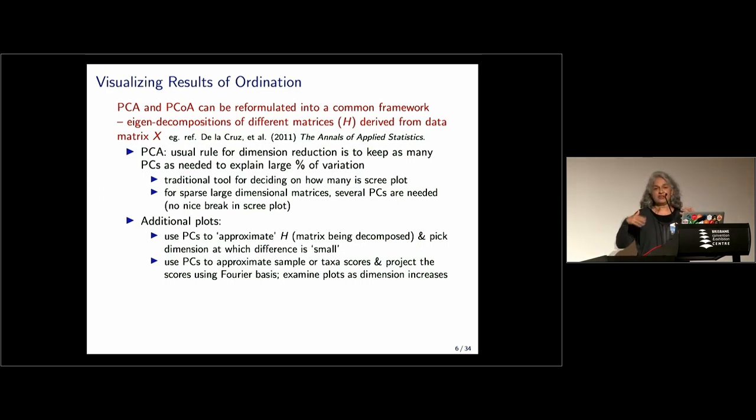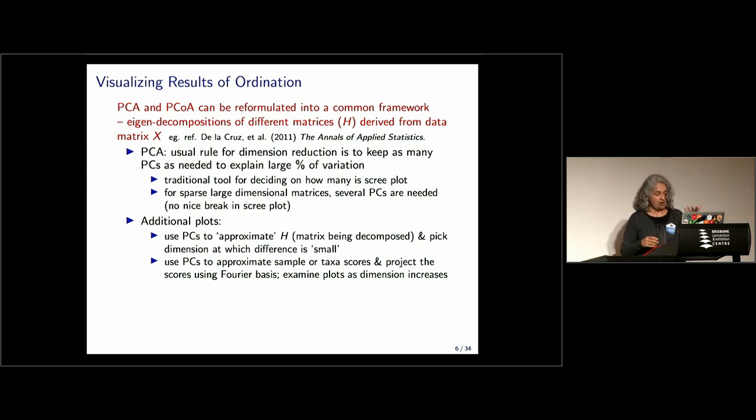So basically, instead of just the eigenvalues and their contributions to the total variation, think in terms of approximating the matrix that we're decomposing, and get to a dimension reduction where we look at the error in approximation as we change the dimension, and settle on something that's bigger than 2 or 3, but not as huge as whatever the rank of the matrix is.